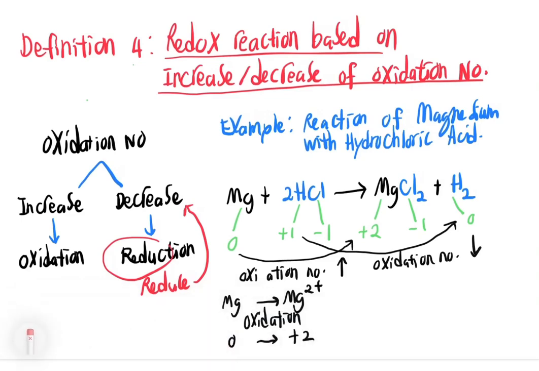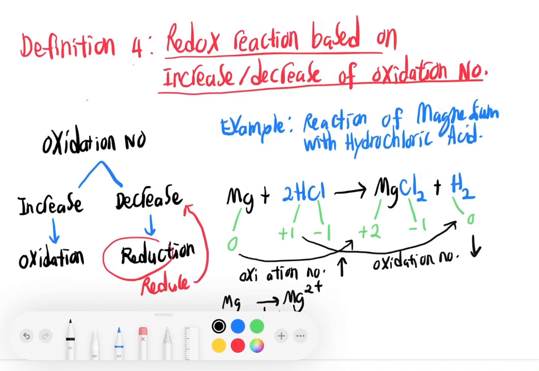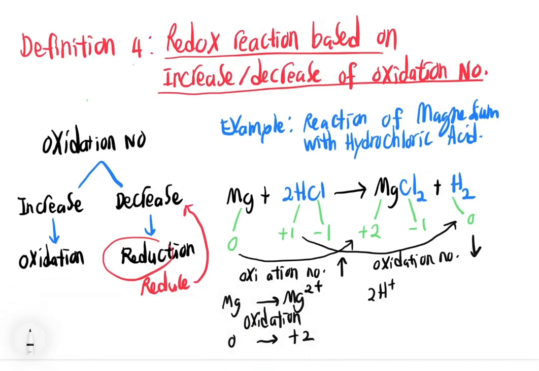Well, hydrogen ion becomes H2, which is a reduction because the oxidation number decreases from +1 to 0.